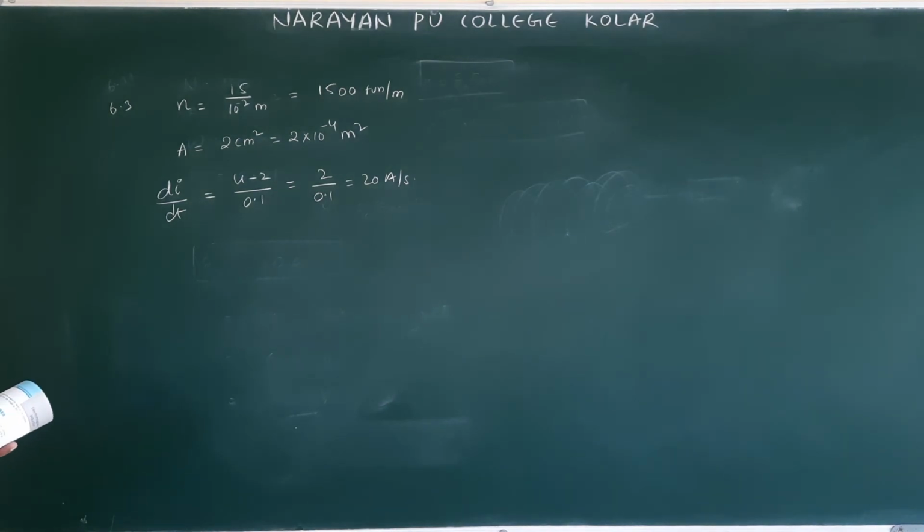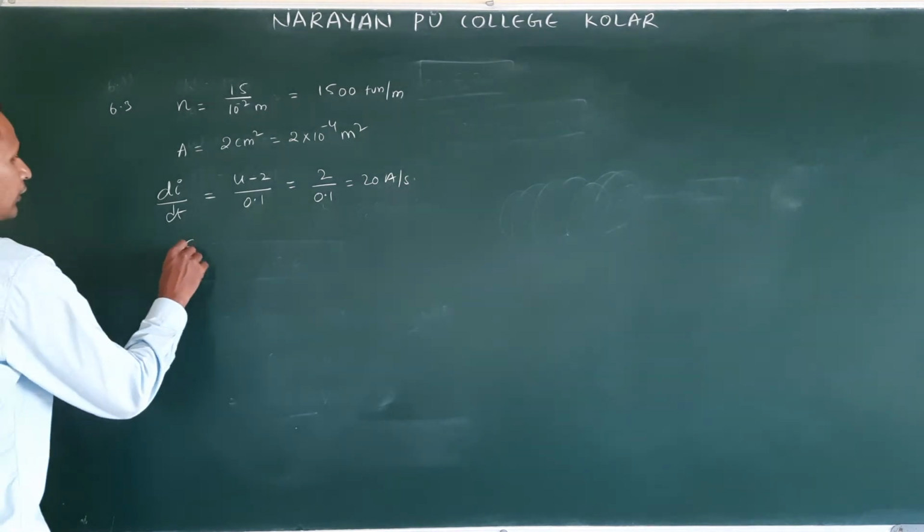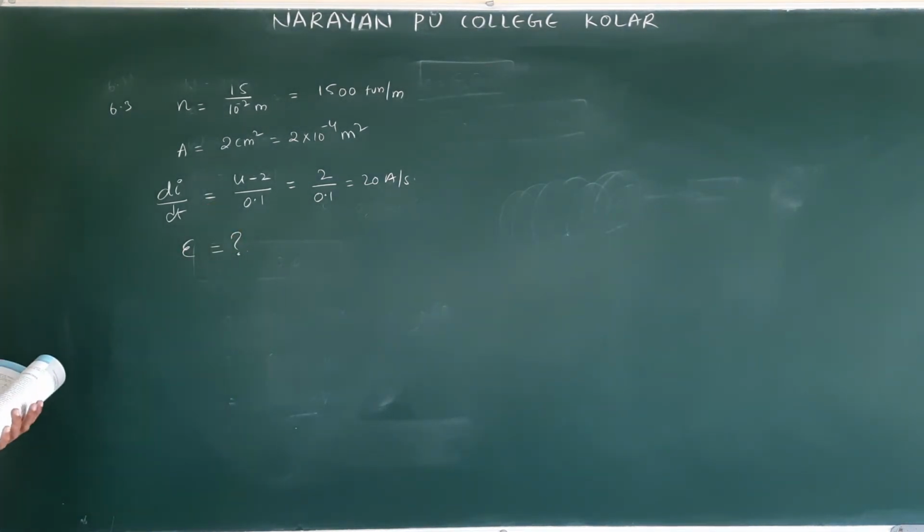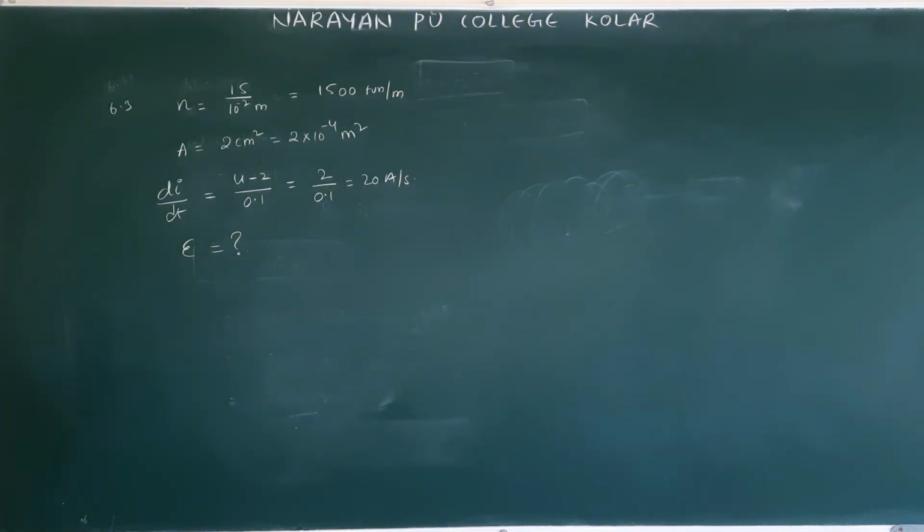What is the induced EMF in the loop while the current is changing? They are asking for the induced EMF E. Clear? Then how do we write it?